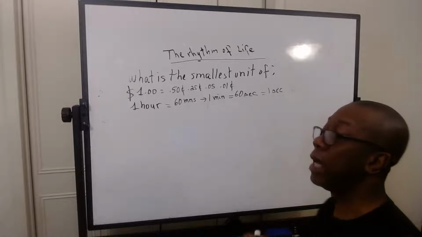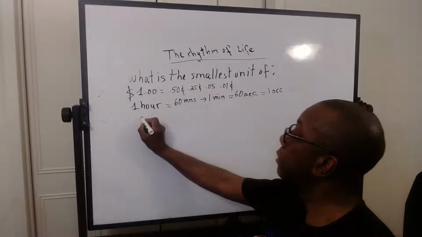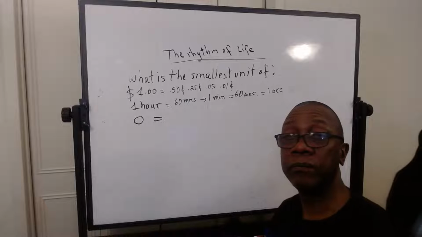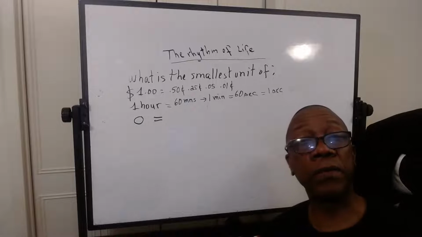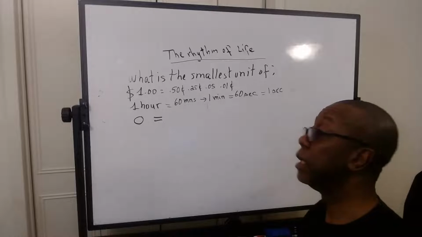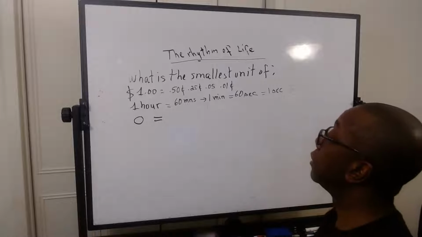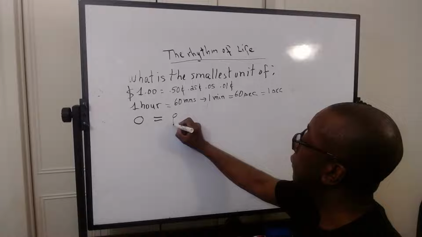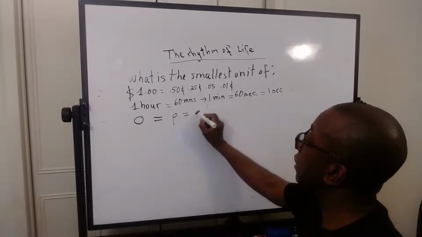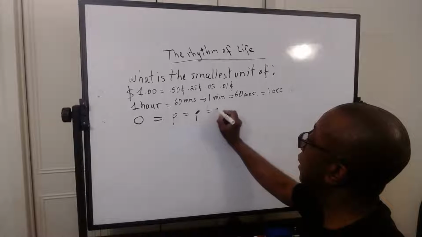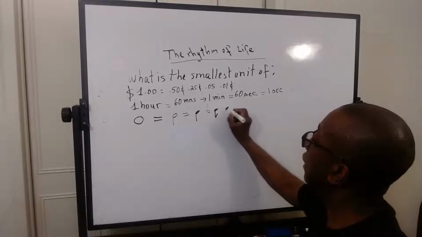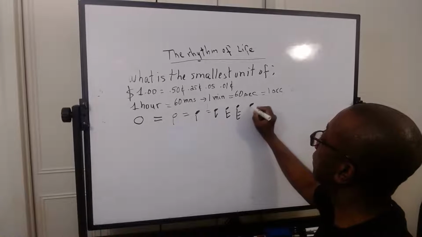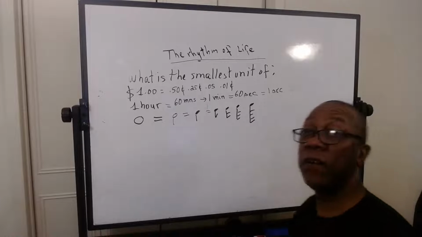All right. How about the music notes? This is the biggest one. It has 4 beats. What's the smallest unit of the notes? Let's say I divide it in two. I get half note, quarter notes, eighth note, 16th note, 32nd note, 64th note.